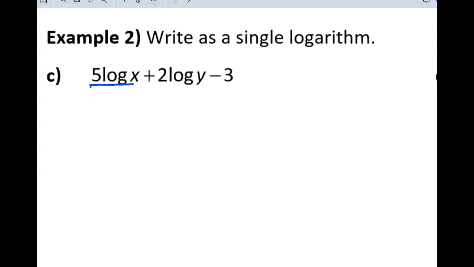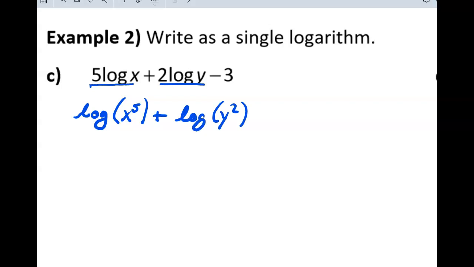We need to take care of our multiplications. 5 times the log of x is the log of x to the 5th, plus, and 2 times the log of y is the log of y squared. So we've taken care of our multiplications first before we take care of that addition and subtraction. And then 3, in order to express this inside of a logarithm, we have to write it as the log of a number here.